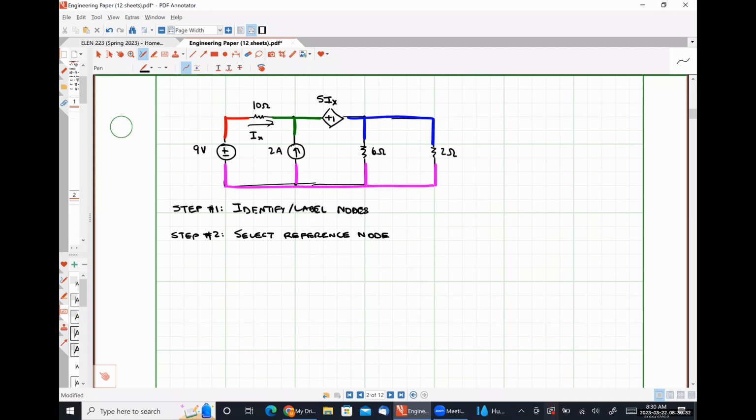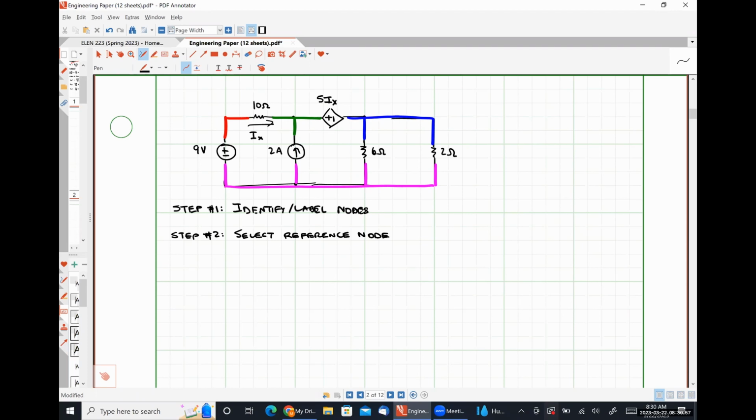So whenever I have voltage sources in my circuit, I typically try to choose my reference node to be the node at which the most voltage sources are connected to. Well, in this case, since my voltage sources are at different parts of the circuit, at most I'm going to be able to touch one voltage source with my ground node.